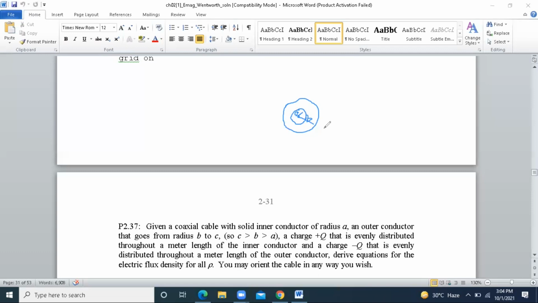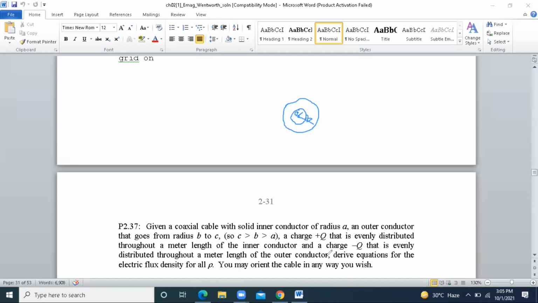Now let me think. Let's see what they did. You have a positive charge distributed throughout a meter length of the inner conductor, so plus Q. And a minus Q that is evenly distributed through a meter of the length of the outer conductor.